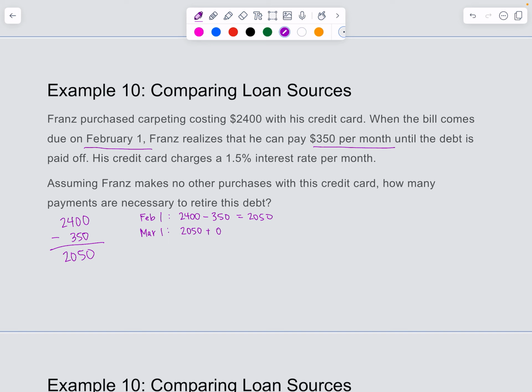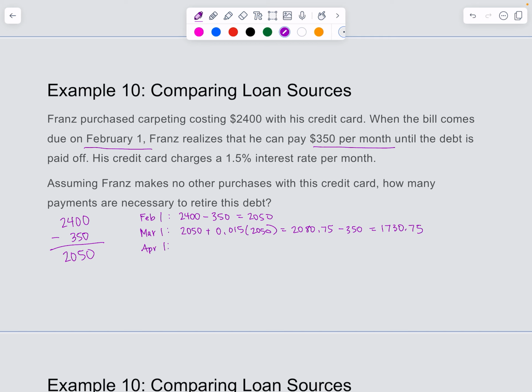The interest is 0.015 times the balance. By adding those together, we have $2,080.75. He makes another payment, and so our new balance, $1,730.75. And we just continue doing this.